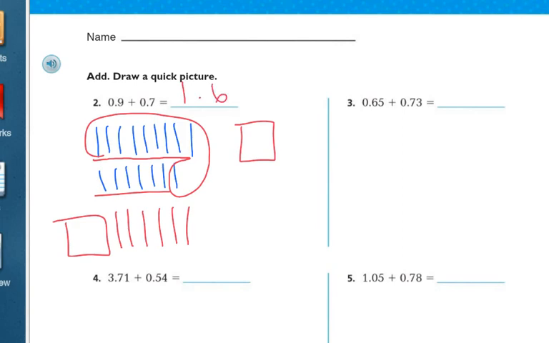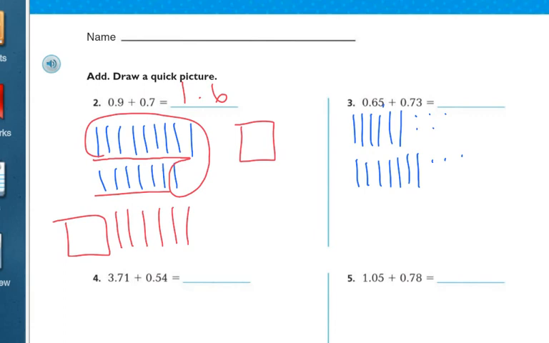So let's do the next one. I have 65 hundredths plus 73 hundredths. Let's draw them out. For 65, I'm going to have 6 tenths and 5 hundredths. And then for 73 hundredths, I'm going to have 7 tenths and 3 hundredths. So let's regroup.